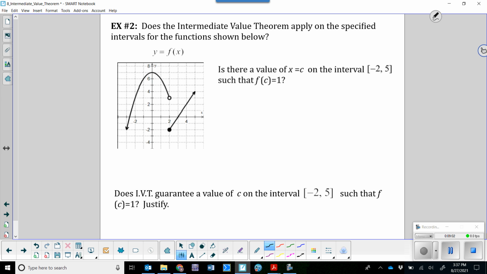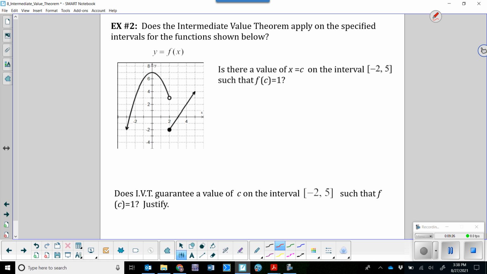Well, we don't even have to do anything to answer that question. Right now it says, is there a value where f of c equals 1? And there is definitely that value, because you're going to get an answer of 1.